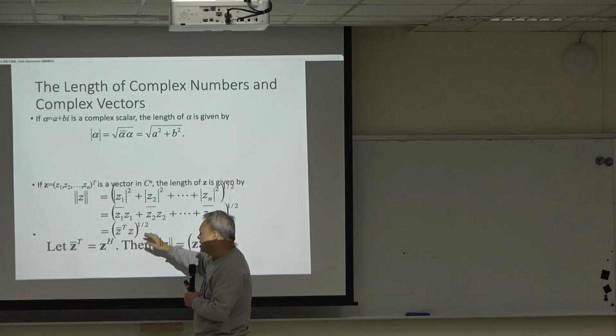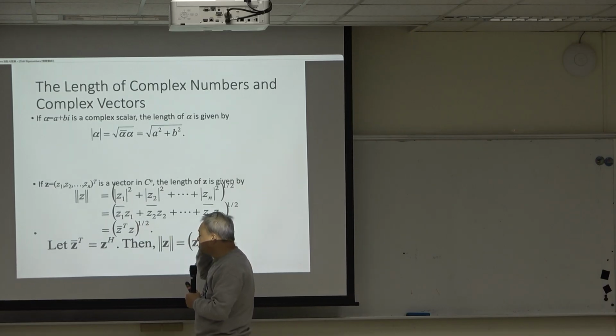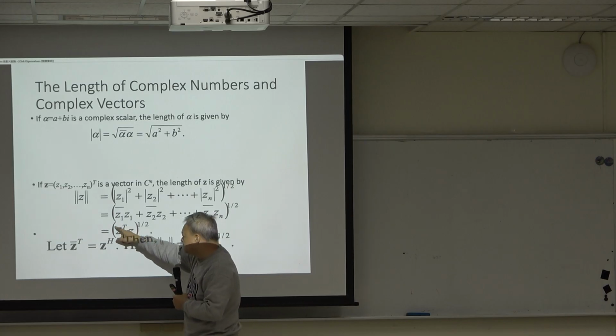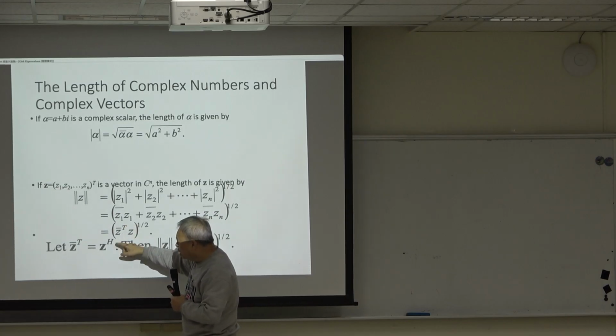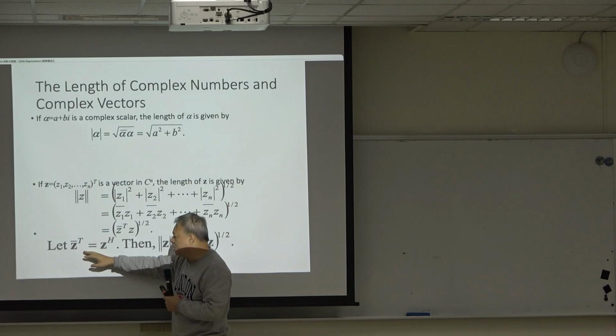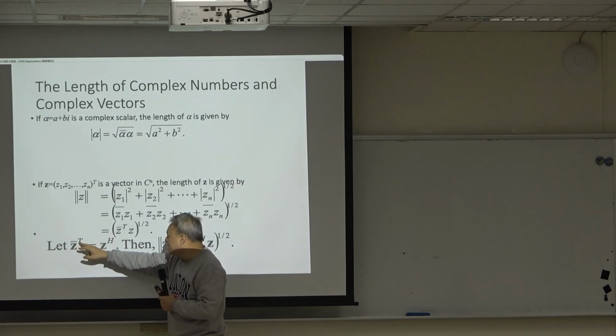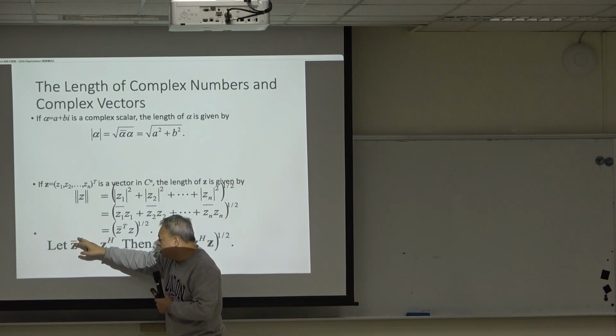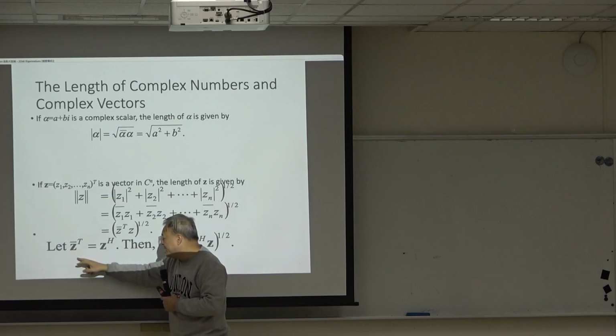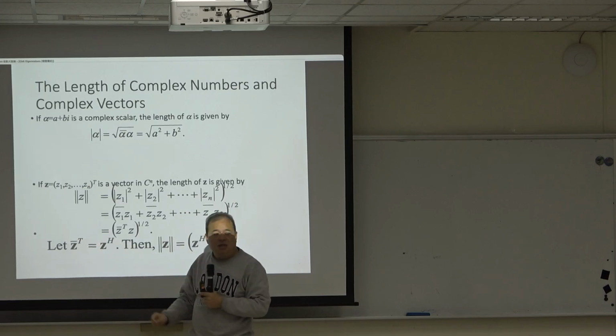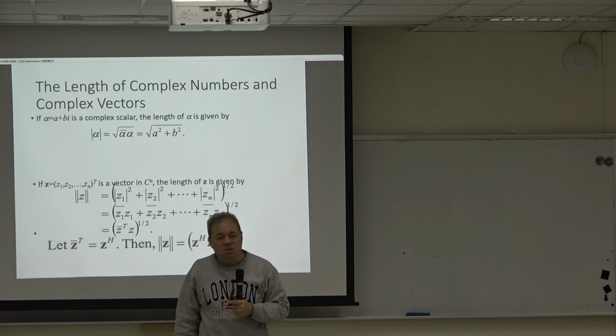Because of this, we define the Z conjugate transpose as ZH. This H stands for Hermitian.